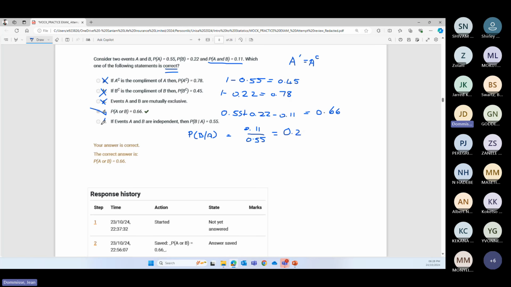So we see that one is also incorrect. So the one that is correct is probability of A or B.